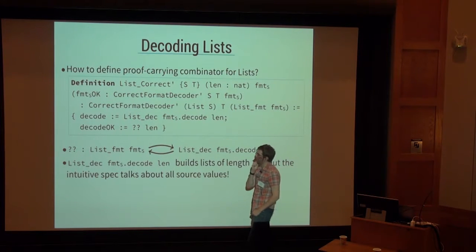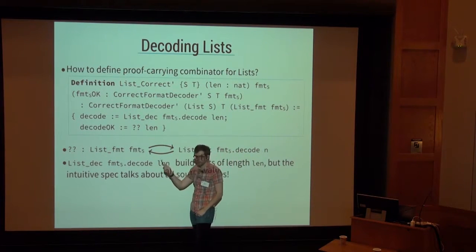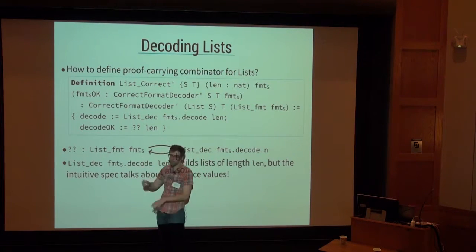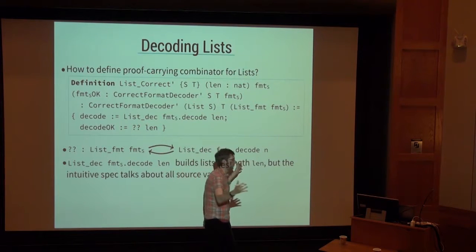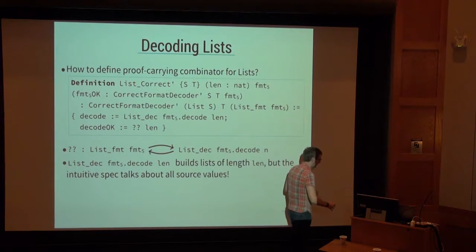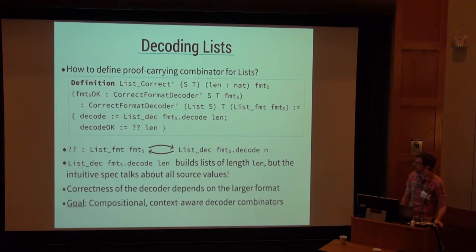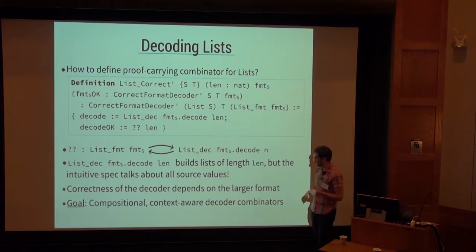And now we need to show that it correctly inverts this format function, which has no such constraints on its source values. This formatting function could take a list of 0, a list of 1, and go on and on. So this proof is going to be hard indeed, because we can't really show that for an arbitrary length list, this decoder will accurately decode it.